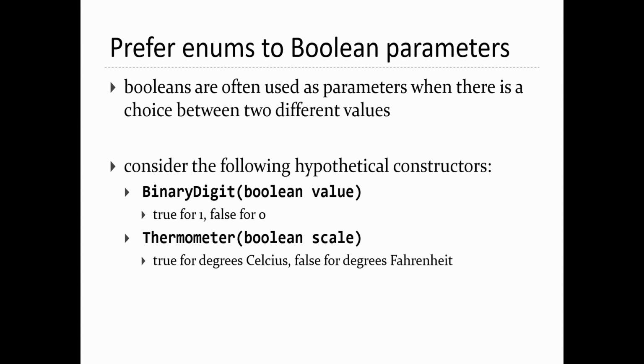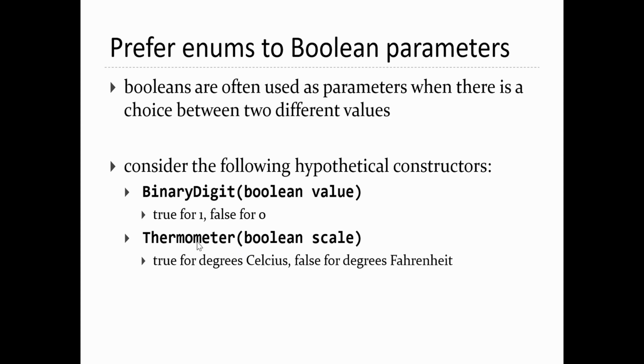A binary digit is 0 or 1. How do I represent 0 or 1? Well, I can use a Boolean. True is 1 in this case. False is 0. So you might make a constructor for that class that takes in a Boolean value. But now when somebody uses this class, they're going to write new binary digit true or new binary digit false. And then they have to remember that true means 1 and false means 0.